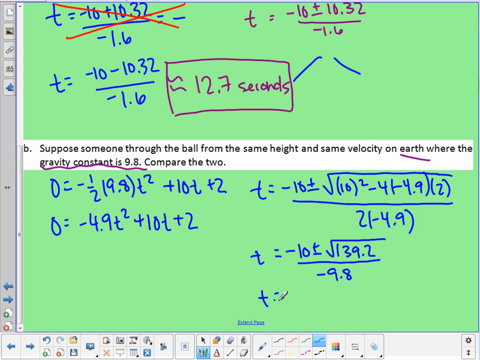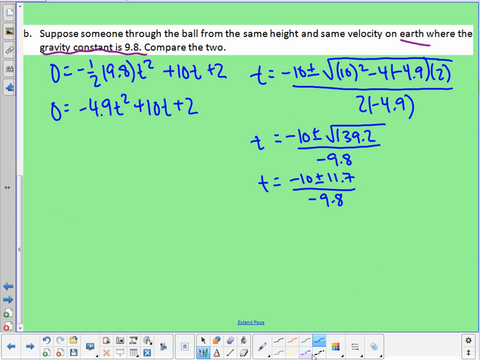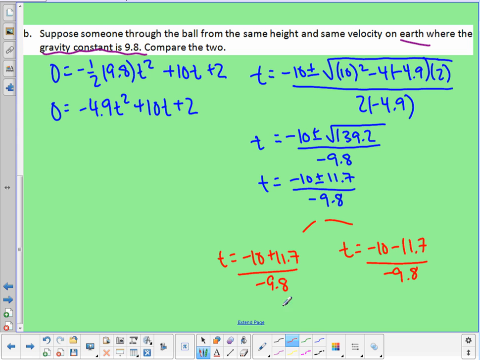So t is equal to -10 plus or minus 11.7 all over -9.8. And again, this is where it splits. So I've got t is equal to -10 plus 11.7 all over -9.8, and t is equal to -10 minus 11.7 all over -9.8.